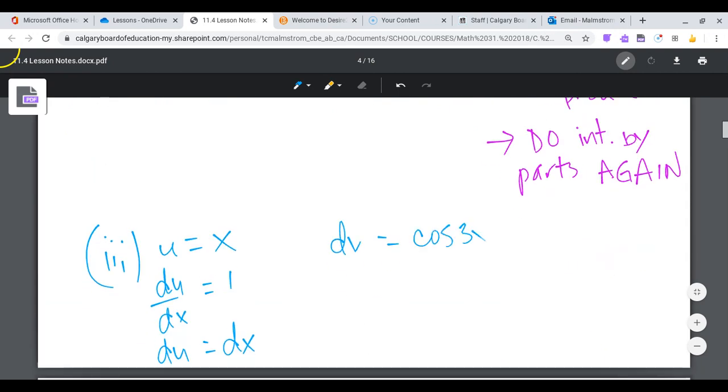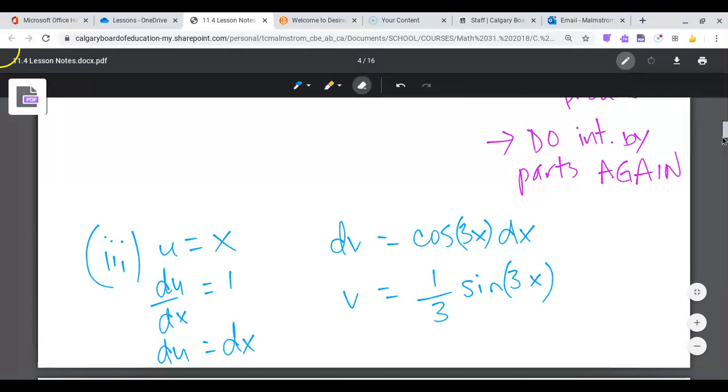So you're still using your LATE rule on this. And then the antiderivative of that is 1/3 sine 3x. Sorry, positive.